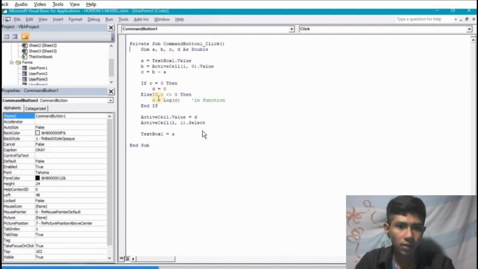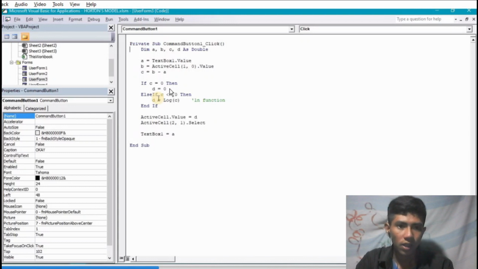If you look at this, this is the part where you will get the ln fp minus fc. Are you wondering why I used log instead of ln? In VBA code, ln does not function as ln itself.